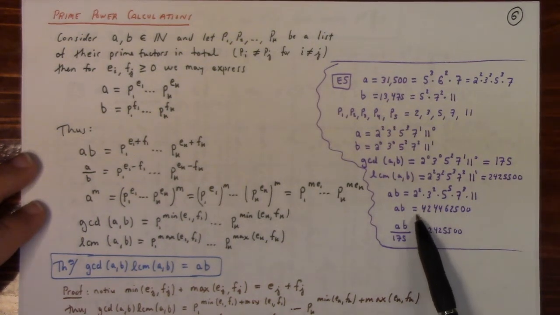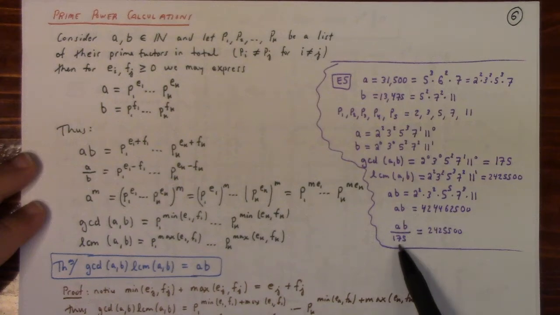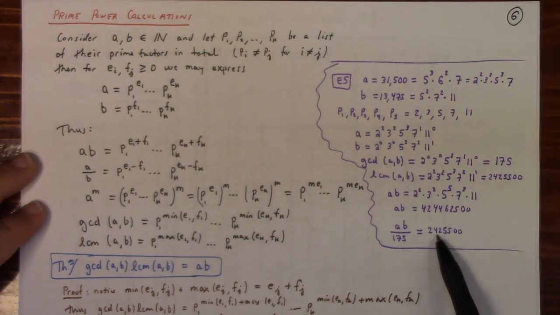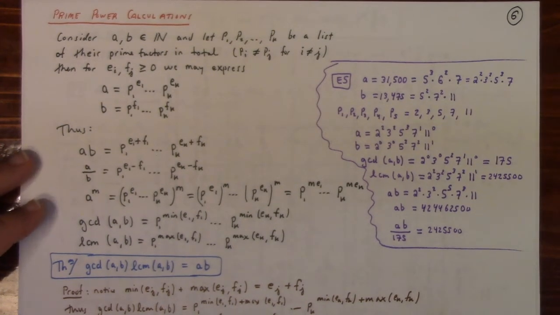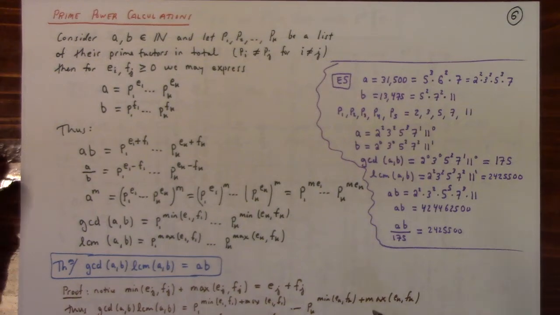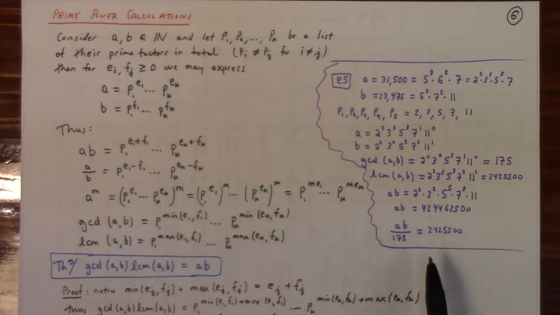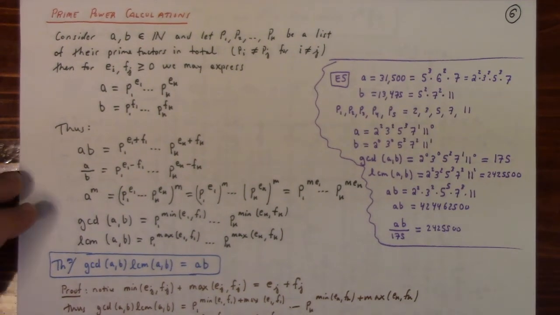And if you take that big old number and divide by 175, you get the 2,425,500 again, which is what we proved without the help of primes before, right? We proved these things using other ideas, which are related but a little bit different.